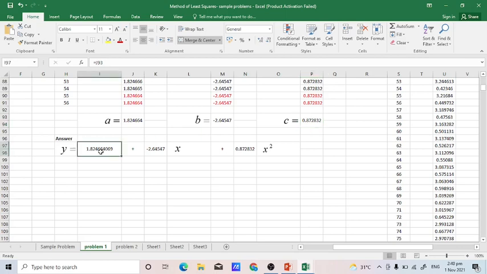So, pwede kong i-express ang final answer sa 3 significant figures, no? So, pwede ko siyang i-express in terms of 3 significant figures. Ayan. Okay? 1.825 plus negative 2.645x plus 0.873x squared. Okay, class? I hope you get it.